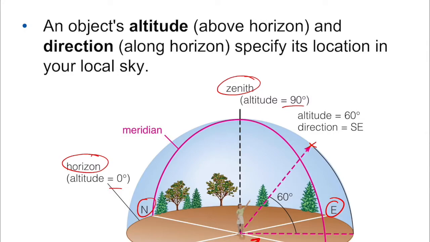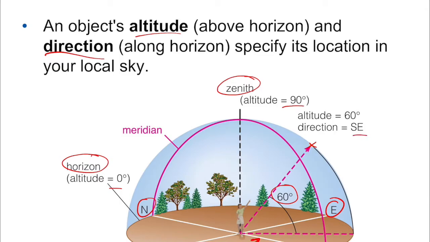So, back to the local sky. Let's make sure we at least understand the terms before we move on. Altitude is the angle above your horizon, and direction is the angle along the horizon. So the 90 degrees I drew between west and south would be direction. The altitude is the angle like this one here. That's an altitude angle, and then this would be a direction.